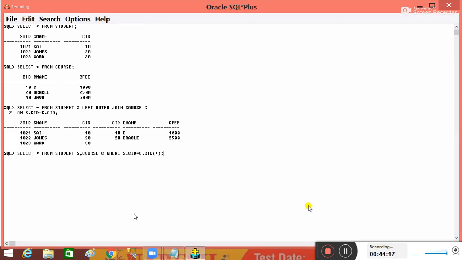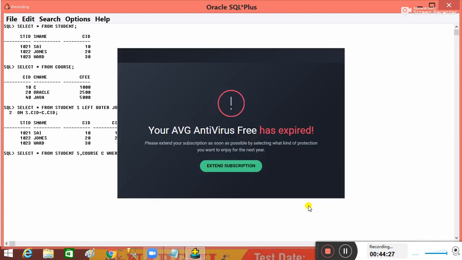When I'm using the join operator, the plus symbol is given at the right side. I'm not giving it at the left side. Which table is on the left side? Student. So the student table's complete data is retrieved.